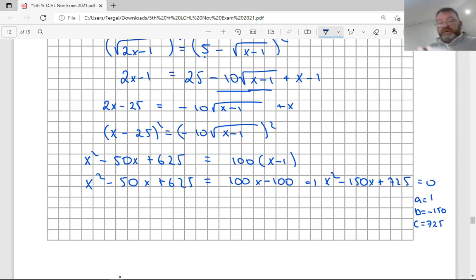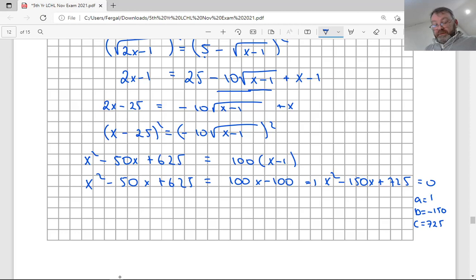Let me just think if there's factors. Let me just check 725. I might do it quicker with factors. I think I have an idea. 725 divided by 25 is 29. That's no good. Let me just check one more and see. 725 divided by 15.